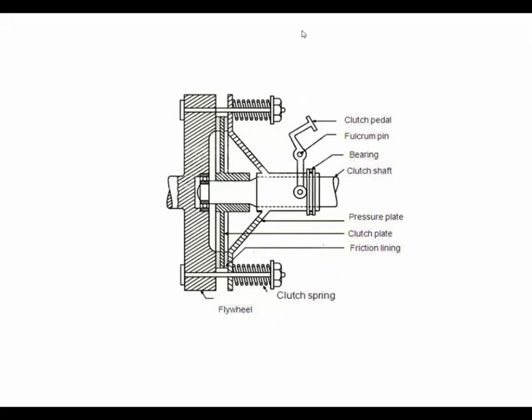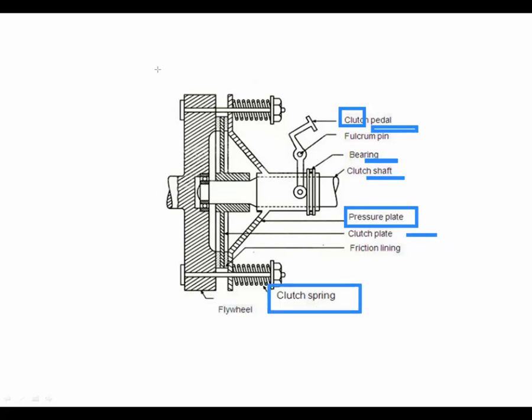This is a cut section of single plate clutch. We have mentioned clutch pedal, fulcrum plane, bearing, clutch shaft, pressure plate, clutch plate, friction lining, clutch spring, and this is the flywheel portion.